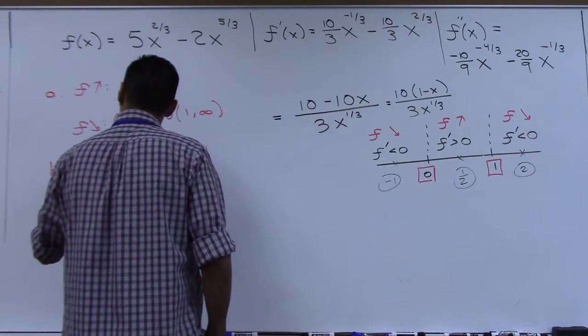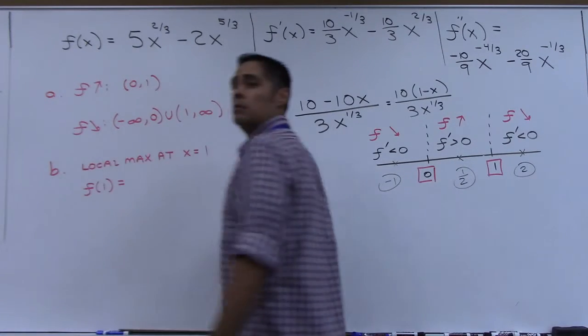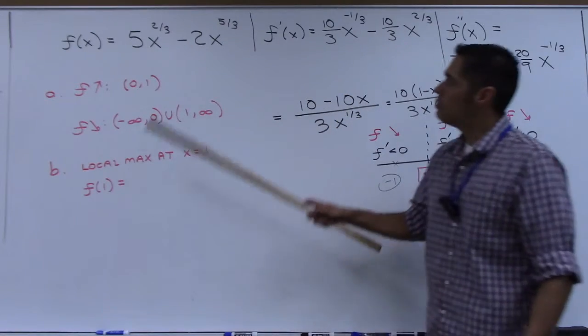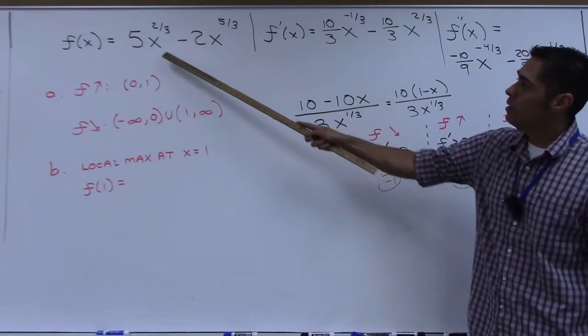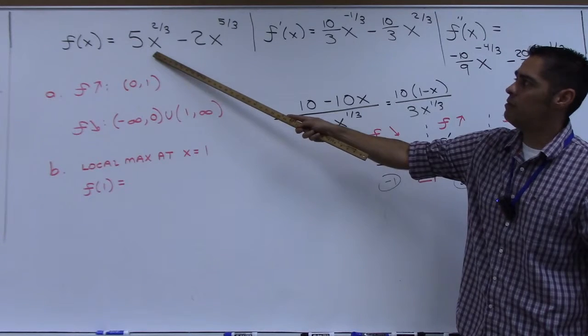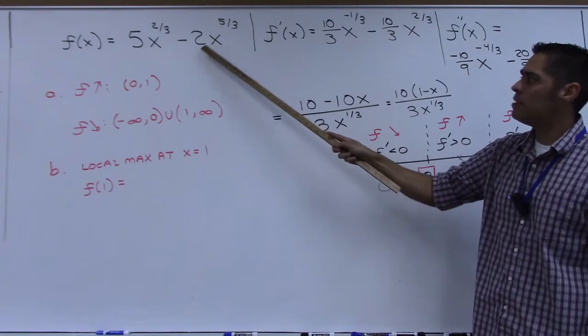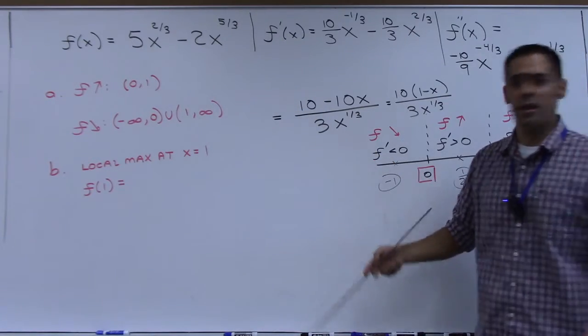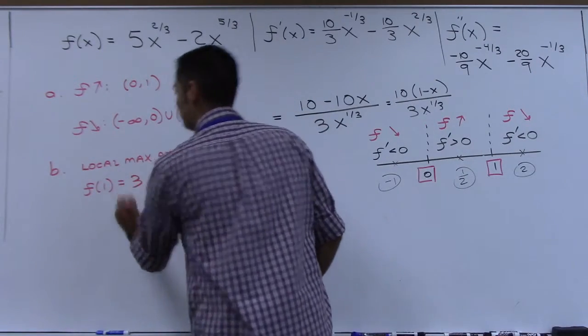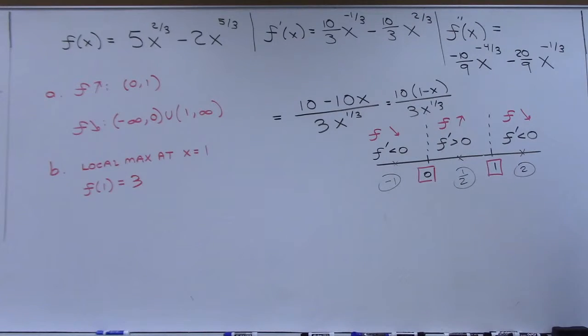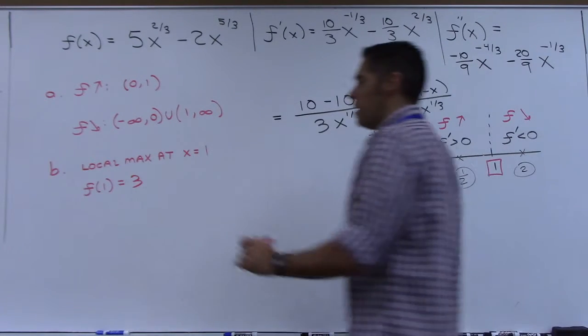And what does the value of the function turn out to be there? So we have to plug it into the original function. 1 to any power is 1, so 5. 1 to any power is 1 times 2, so 5 minus 2, 3. That was easy. And then we have a local minimum.